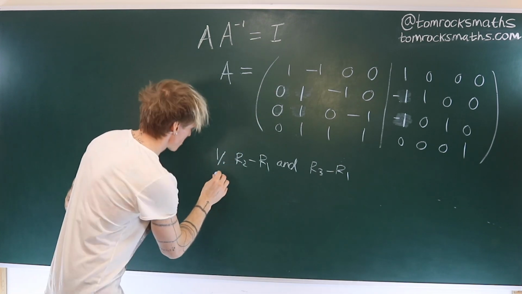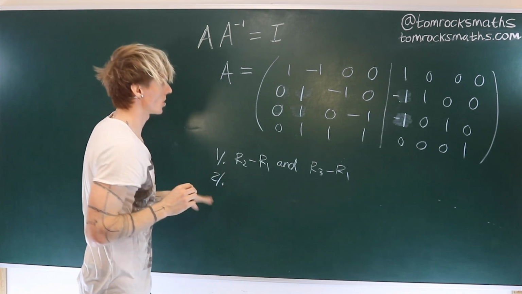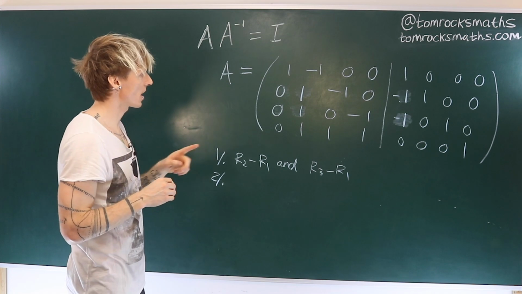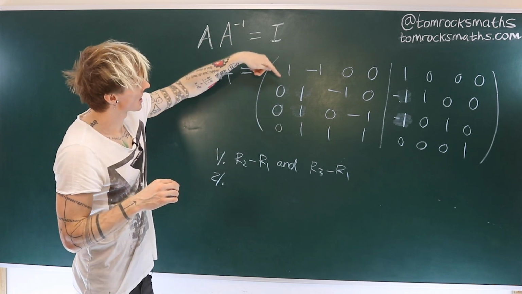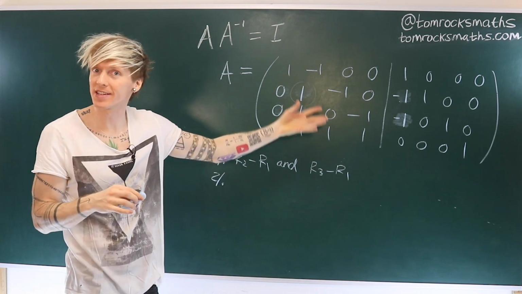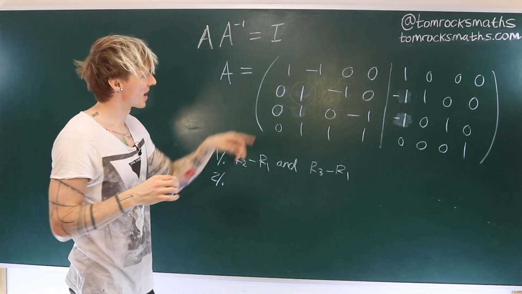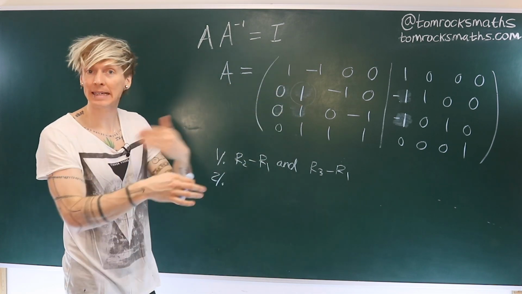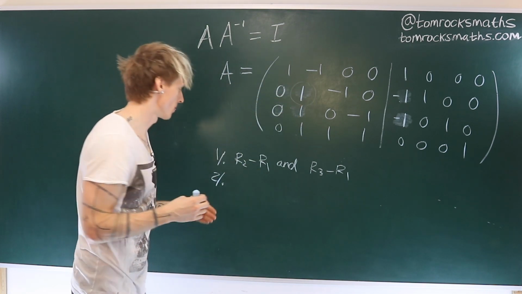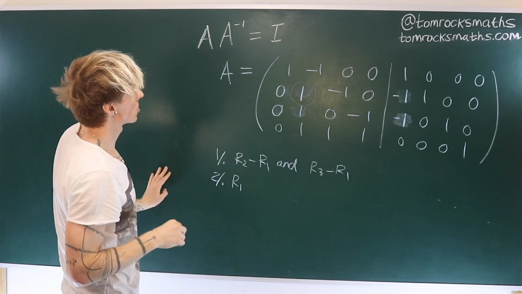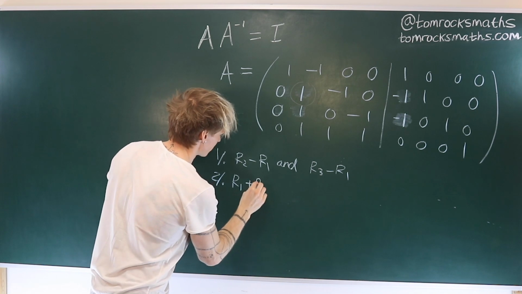Now the second lot, we're going to concentrate on this second column. Now what I'm going to do here is use the 1 that we have, which is in the position we want it to be, in row 2, and I'm then just going to add multiples of row 2 to row 1, row 2, and row 3 to get those zeros. So what we want to do now is row 1, we need to add row 2.